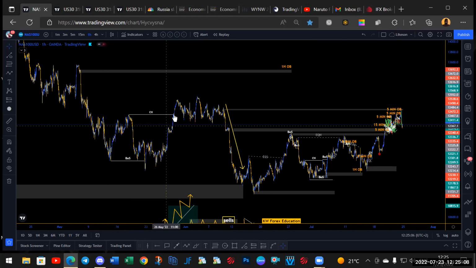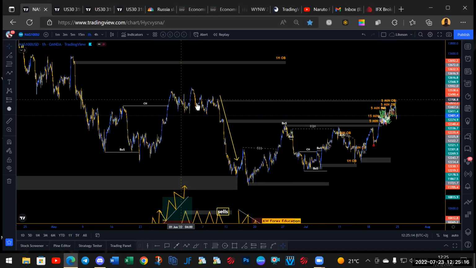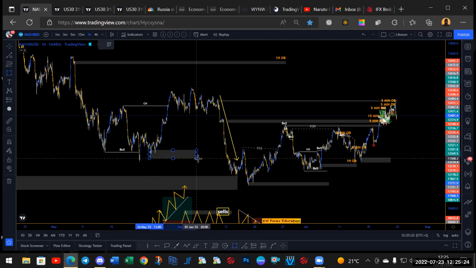So when we got that, that means there was an indication that now an uptrend is starting, right? But then price was expected to come here, and maybe we draw some order blocks down here or somewhere in this area, right?